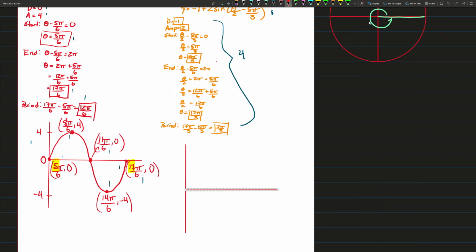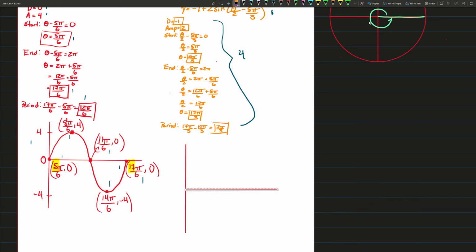I think it's 5 pi over 3. What is 5 pi over 3? So we're talking about the end.